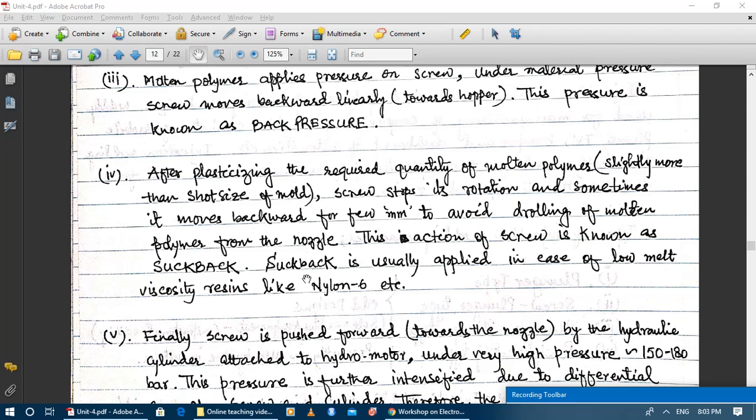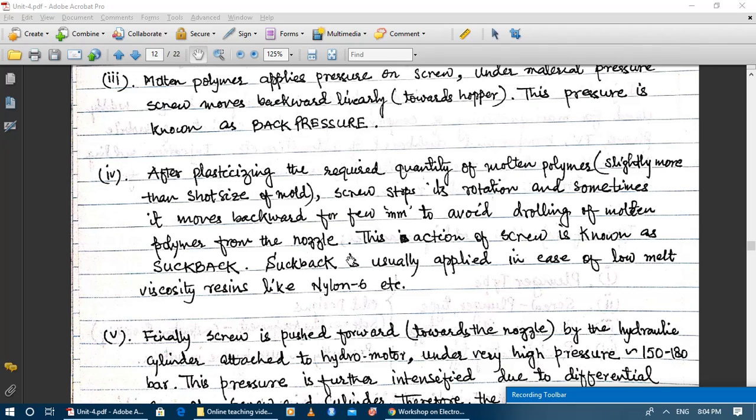So if we do not apply the suck back in the case of low viscosity resin, what will happen? The material which is accumulated in front of the screw tip will start coming out from the nozzle itself, and this action is known as the drooling of the molten polymer. We want to avoid the drooling of the polymer, so in order to avoid it, we will suck back.